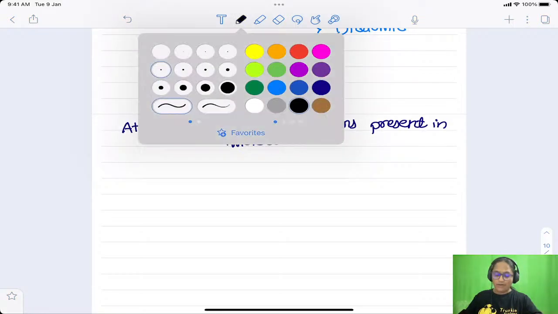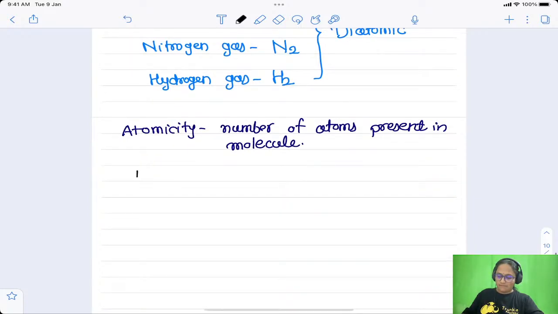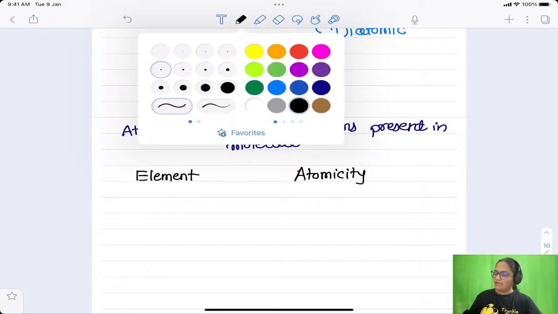Now let us see how to identify the atomicity. First of all, let us see the elements and their atomicity. One by one let us see.